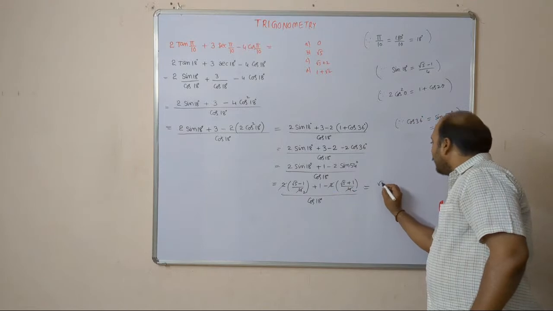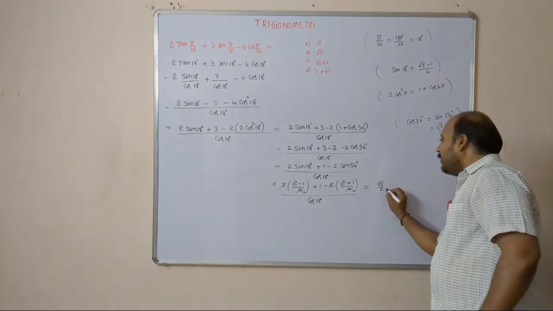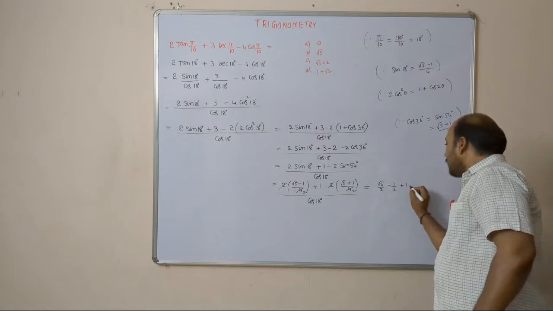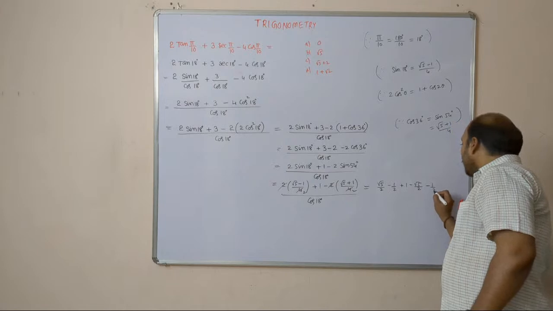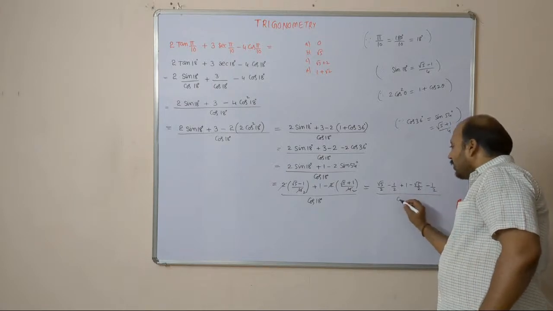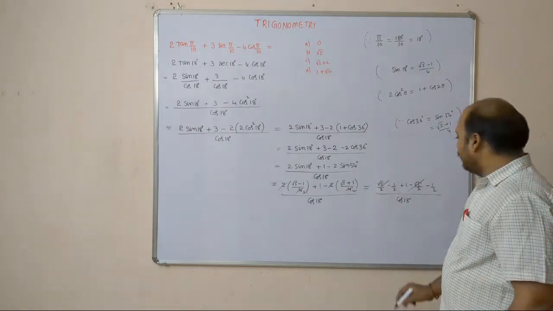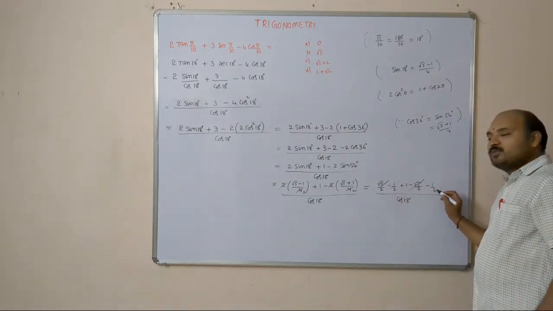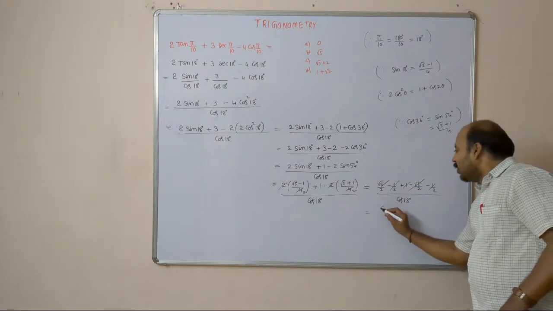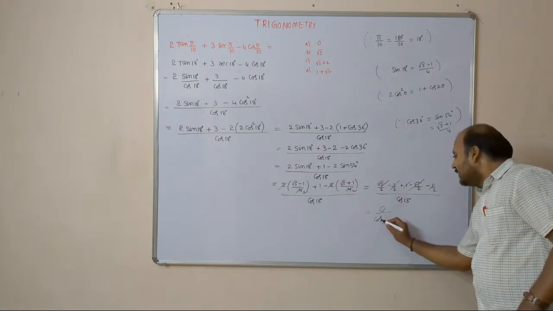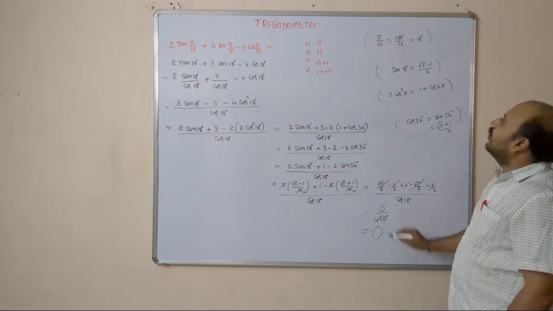So in the numerator: root 5 by 2 minus 1 by 2 plus 1 minus root 5 by 2 minus 1 by 2, over cos 18 degrees. Root 5 by 2 and root 5 by 2 cancel, minus 1 by 2 minus 1 by 2 minus 1 plus 1, all cancel. So 0 by cos 18, and 0 by anything is 0. So our answer is 0.